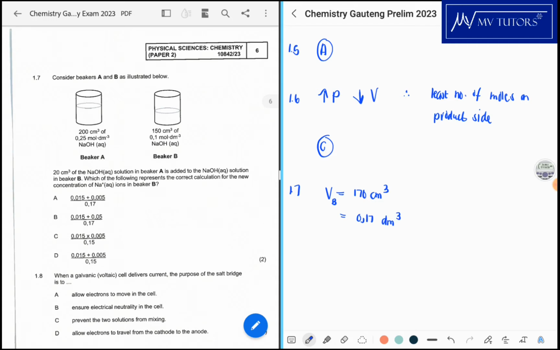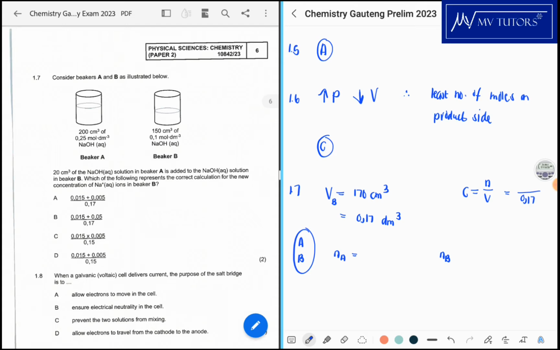Okay, so of the options from A to D, only A and B we're going to look at. So that's the volume part. And remember, concentration is number of moles over volume. So now let us get the number of moles for A and the number of moles for B, because we're going to add those. So far we have the volume. Now let's deal with the number of moles.